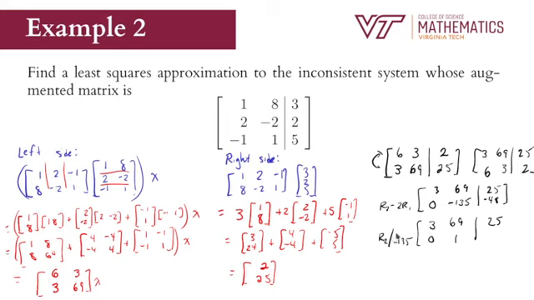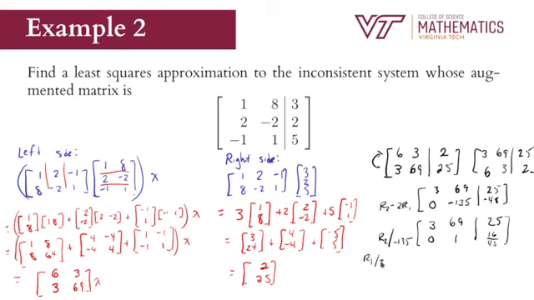And 48 divided by 135, I can take out a 3, and we get 16 over 45. All right, let's keep going.